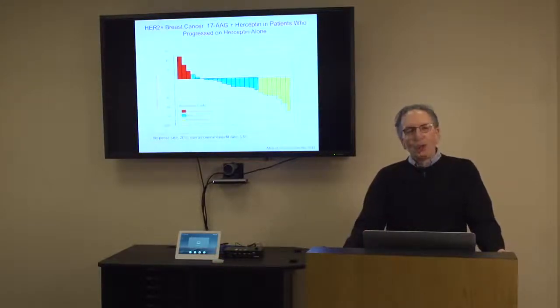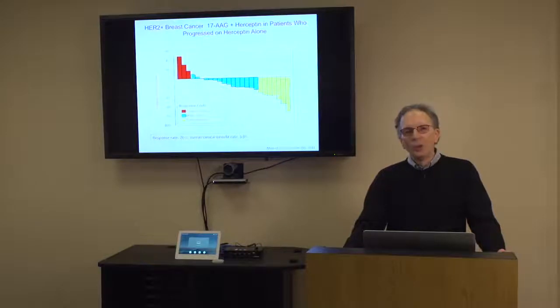Some anecdotal studies clearly show that HSP90 inhibitors are effective clinically in certain kinds of cancers. This is a relatively early study using 17-AAG in HER2-positive breast cancer patients who stopped responding to the antibody Herceptin.